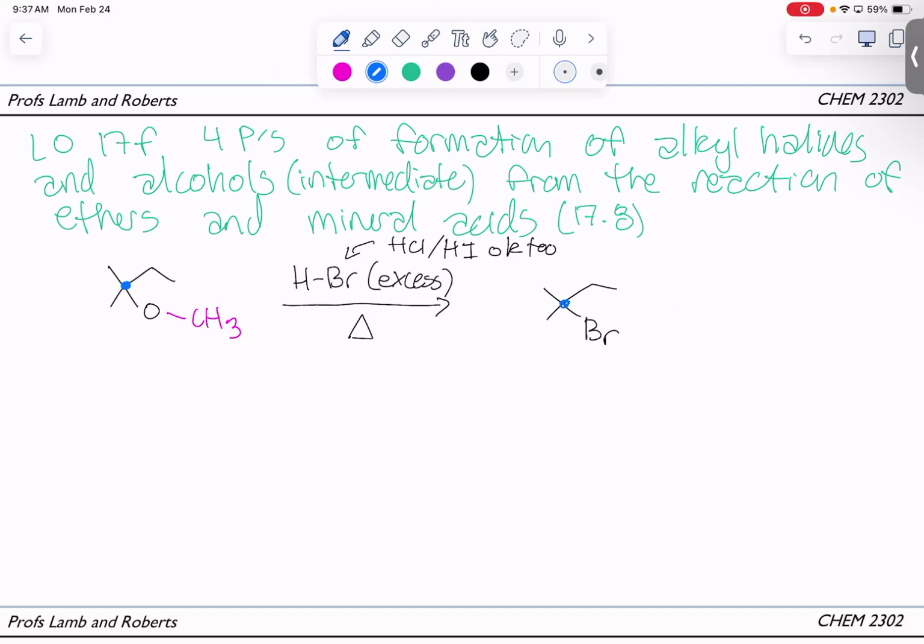And then our byproduct, our other product in this reaction, is going to be bromomethane. All right, so this is primary. This is tertiary. These are going to be important. And then the byproduct of our reaction is also, we're going to form water. All right. And so those H's are going to come from our acid. The oxygen is, of course, going to come from our ether. All right. So this is a 2-step mechanism.